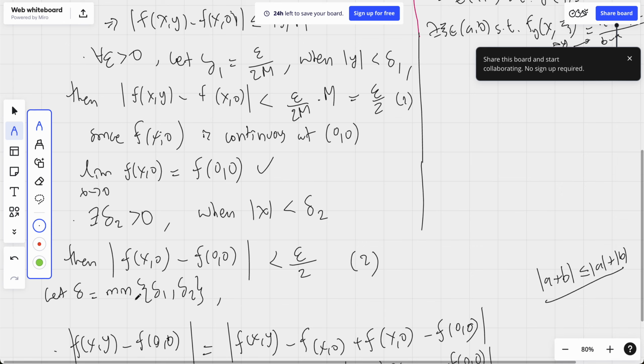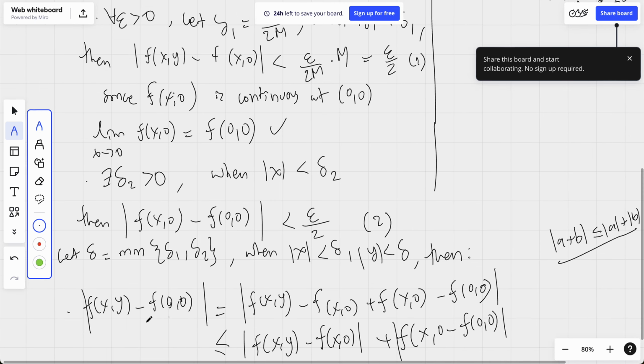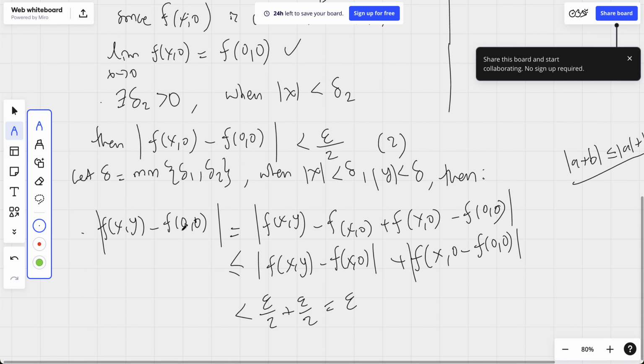So we let delta be the minimum of them, and then we say when the absolute value of x and the absolute value of y are smaller than this delta, then we get this, and we have proven that this is smaller than epsilon.